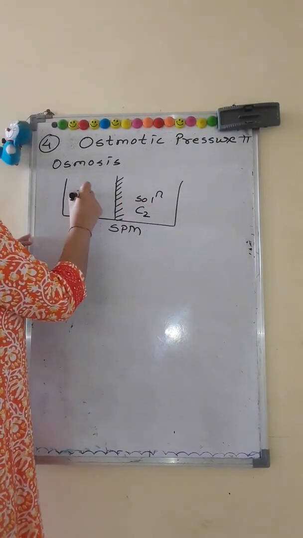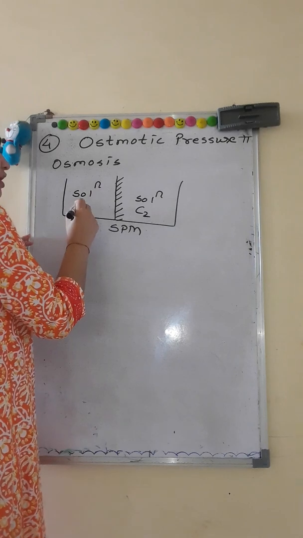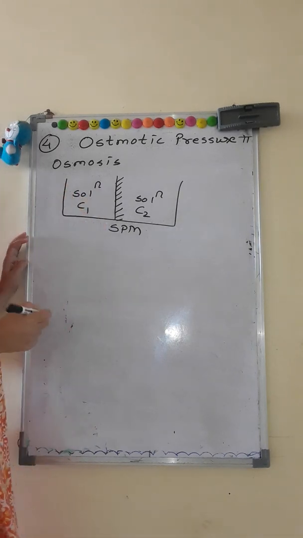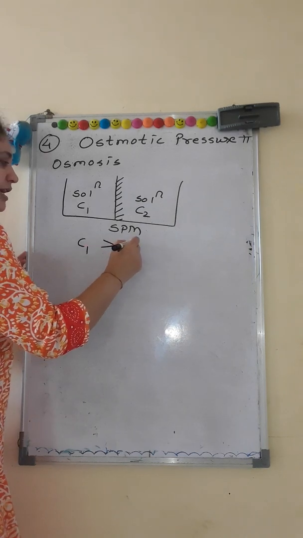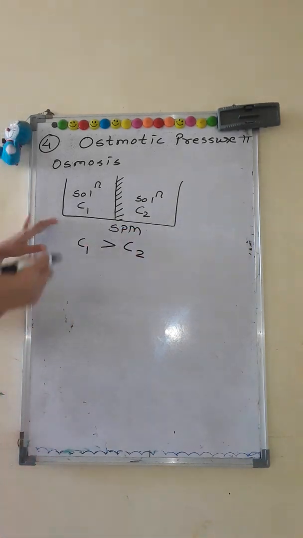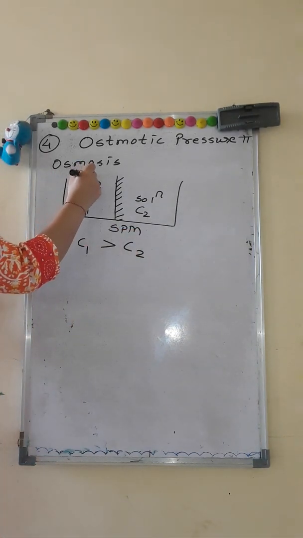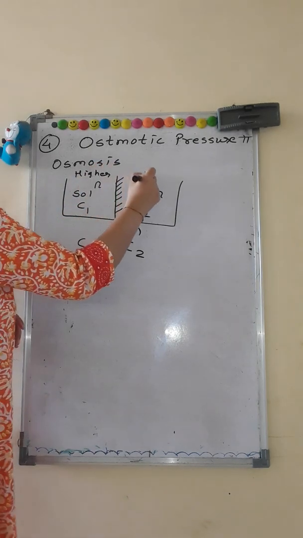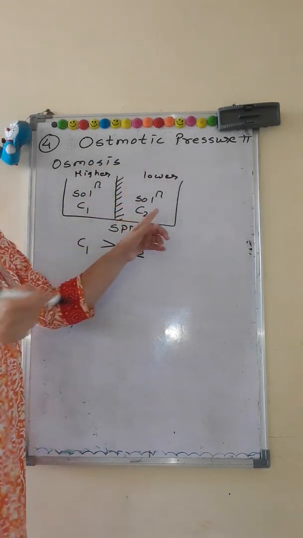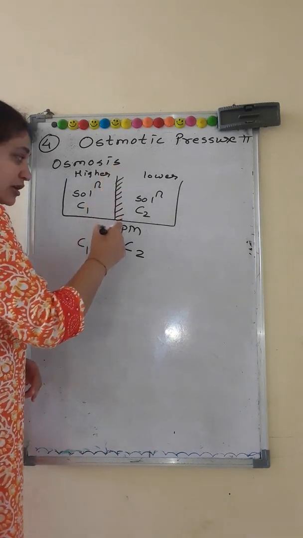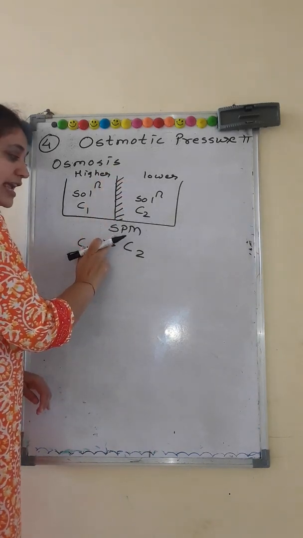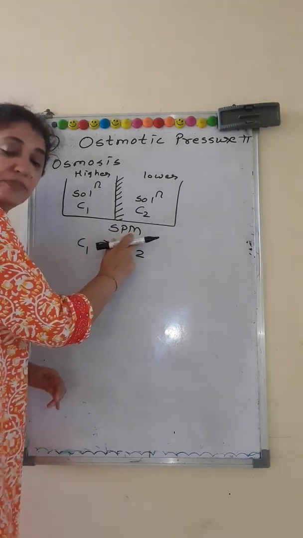And on this side of the compartment, I place a solution with concentration C1. If C1 is greater than C2, meaning this is the higher concentration and this is the lower concentration solution, then this particular membrane is called a semi-permeable membrane.